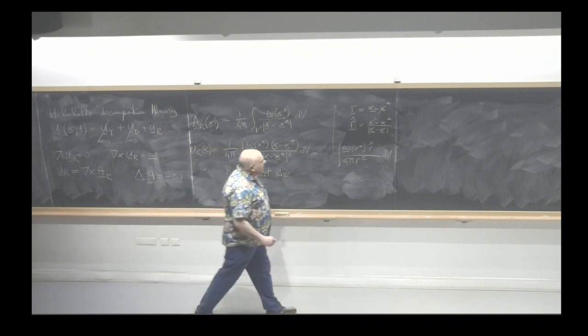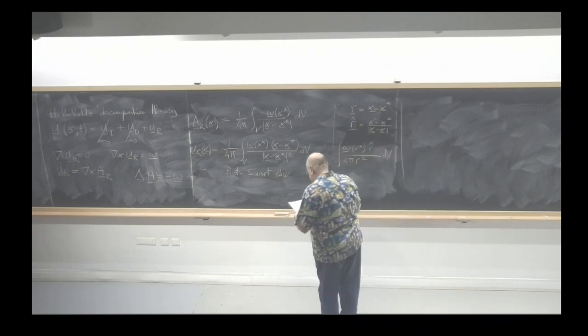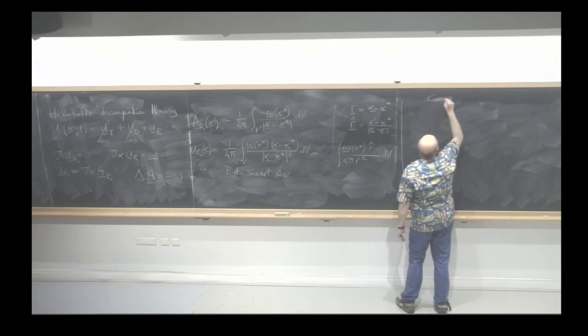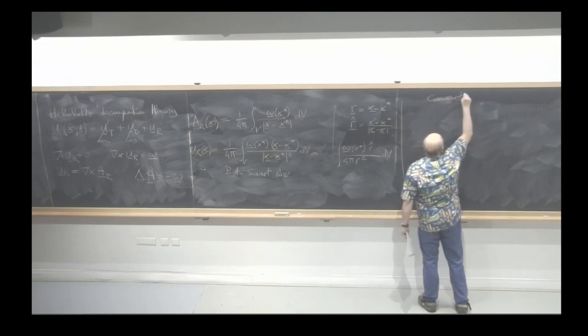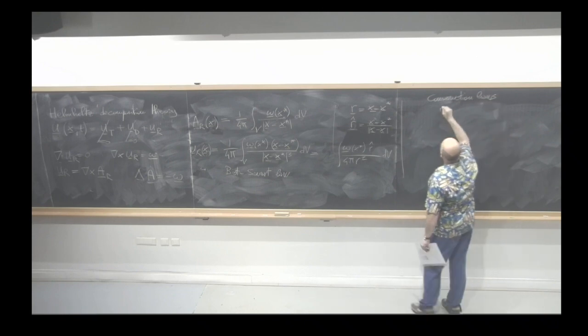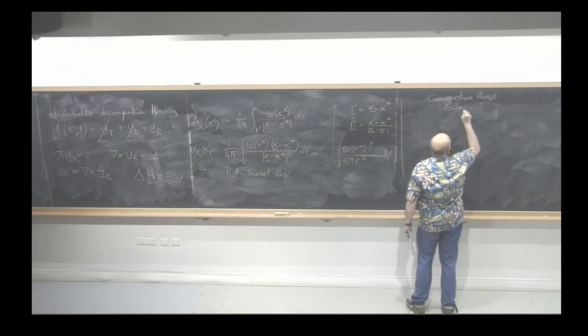This is just a quick remark on Biot-Savart and how it's derived. And then, well, conservation laws. We have a number of conservation laws in ideal flow. So the Euler equation, okay, Euler's equation.